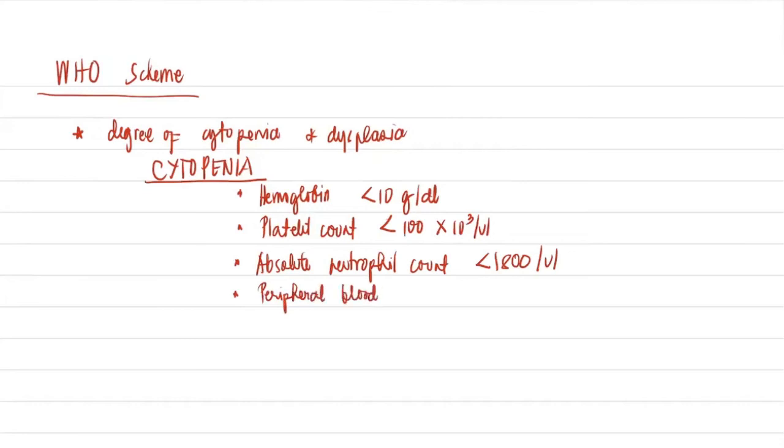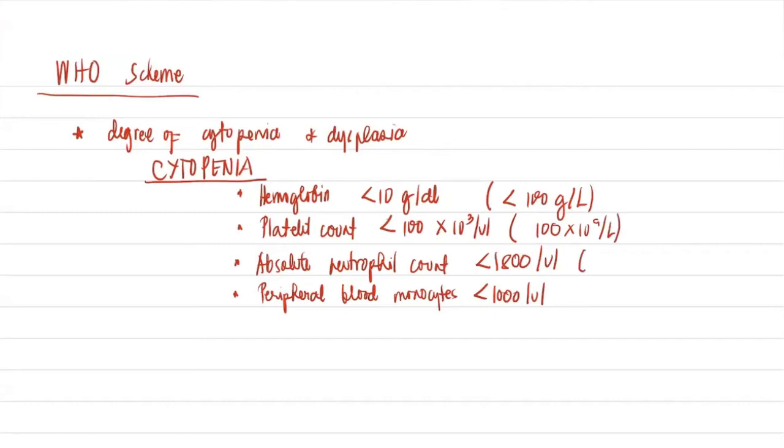Peripheral blood of less than 1,000 per microliter. So let's just convert, so you won't be confused with the value. This is less than 100 grams per liter. This could be 100 times 10 to the 9 per liter.